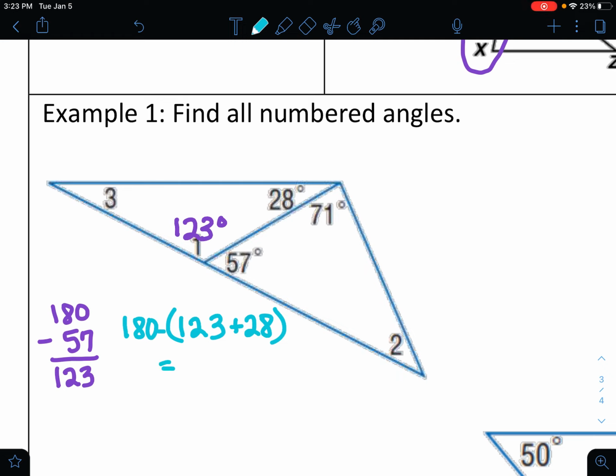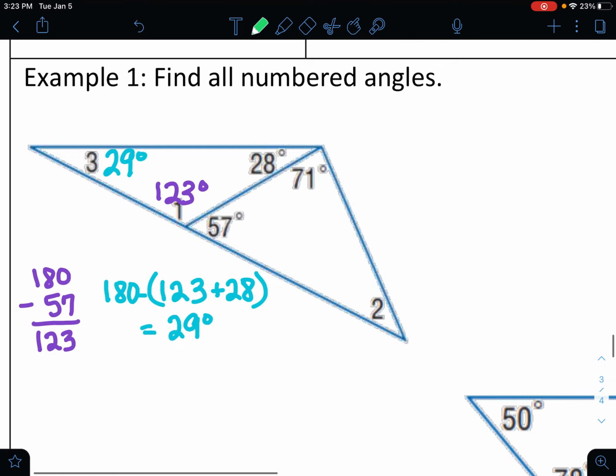That's going to be 29 degrees. So angle 3 is 29 degrees. If you wanted to do this separately, you can just add these up first, hit enter, and then subtract it from 180 if you didn't want to do it all together like I just did.